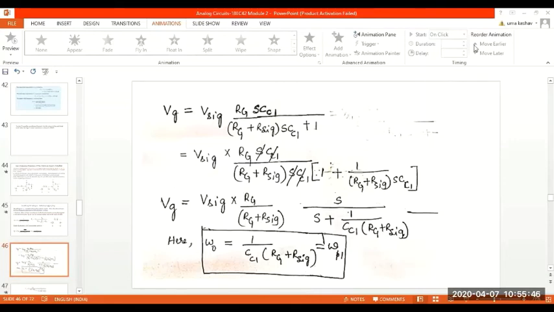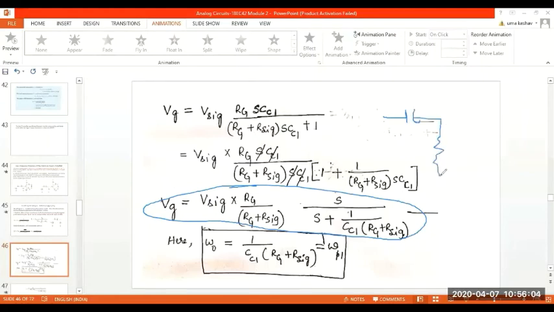This whole equation is in the form of a single time constant. Which filter? High pass filter. A high pass filter has a capacitance first and then a series resistance like this. This high pass filter, what you have done in the lab, is just the opposite of the low pass filter. This is the standard response of a high pass filter.